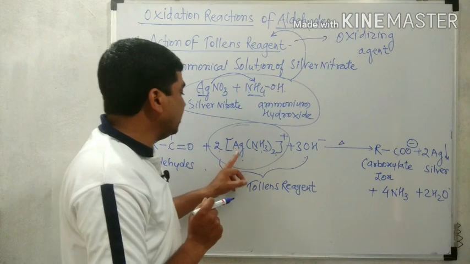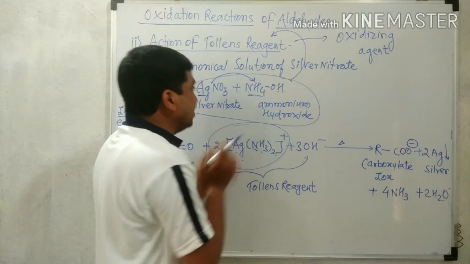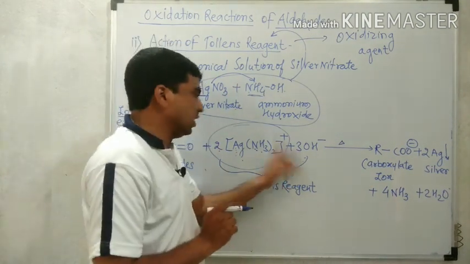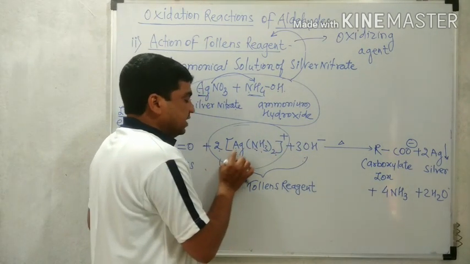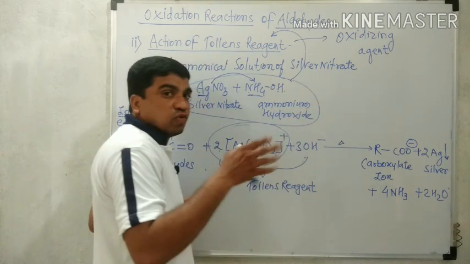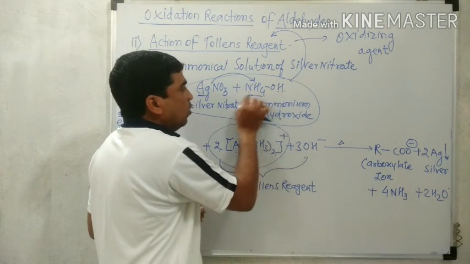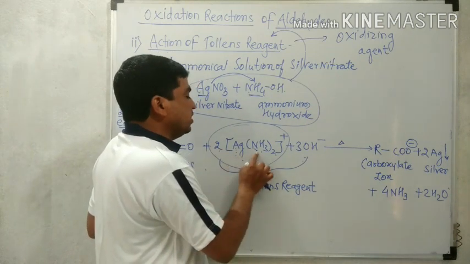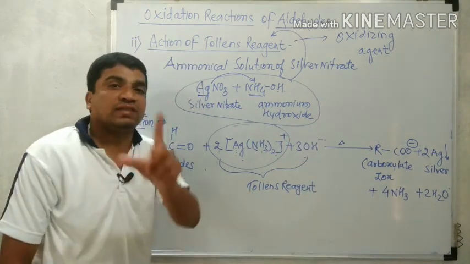This is called the silver amine complex. The silver amine complex is obtained by the action of silver nitrate with ammonium hydroxide, along with OH minus. Therefore, these two parts, the [Ag(NH3)2]+ complex and the OH minus from NH4OH, that OH is coming from NH4OH. That complete part, [Ag(NH3)2]+ with OH minus ion, is called Tollens reagent.